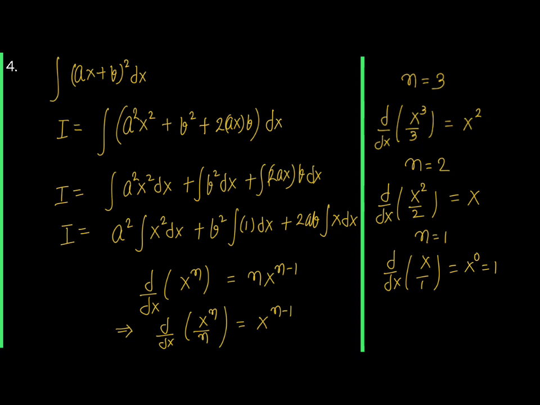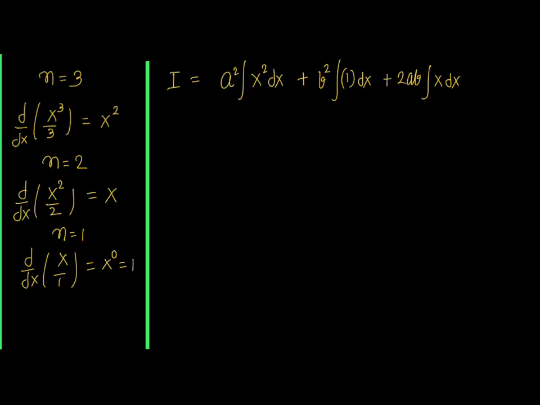What we can see is that the integration of x square is x cube by 3, the integration of 1 is x by 1, and the integration of x is x square by 2. So we can write I equal to a square into x cube upon 3 plus b square into x upon 1, so that is x, plus 2ab into x square upon 2, plus some constant of integration c.